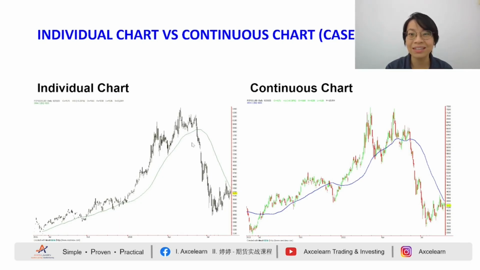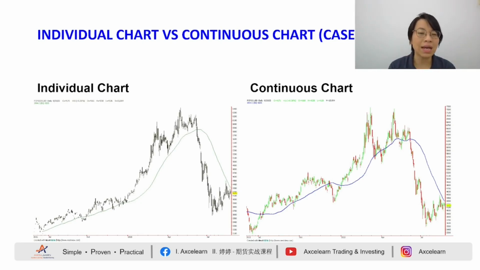But closing towards the end, you can see that the price will be similar because right now they are capturing the same month. We are in the November month, and at the same time the continuous chart is also capturing the November month. But when you insert indicators, especially for mid to long-term trading, let's say in this case I'm going to insert the SMA 50 for you to do a comparison.